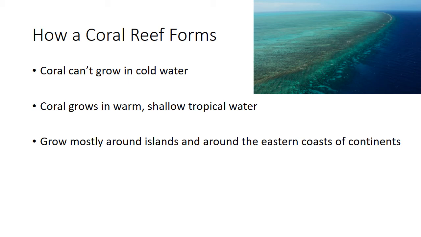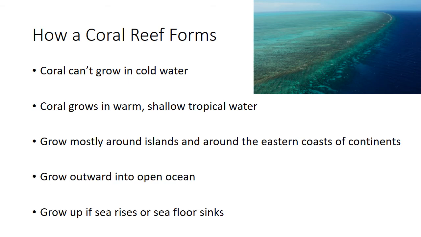This is because the water there is shallow. Coral generally grows outward into the open ocean, so to the right in the picture. And if the sea level rises, or if the sea floor sinks, the coral can grow up.